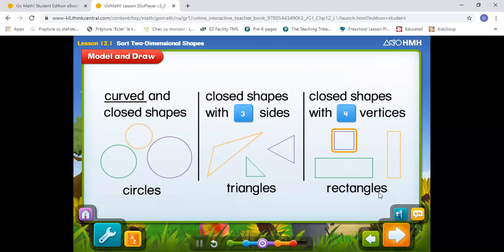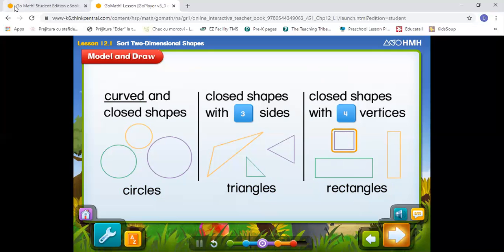And what about rectangles? They are closed shapes too, but with 4 vertices and 4 sides. 1, 2, 3, 4 sides, and 1, 2, 3, and 4 vertices or corners. And remember, a square is a special rectangle because it has equal sides. Yes, they are the same length.